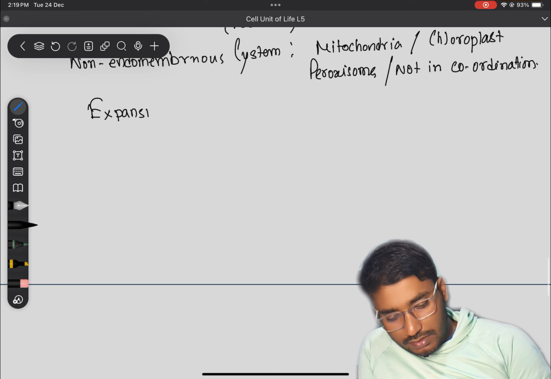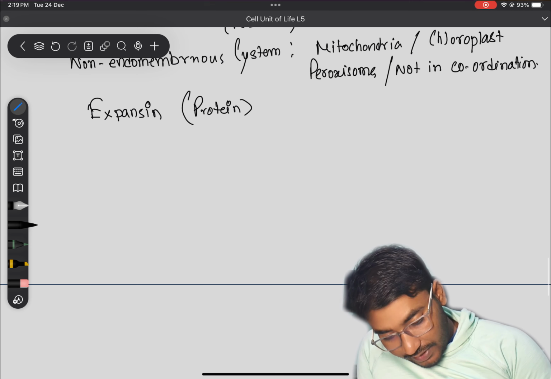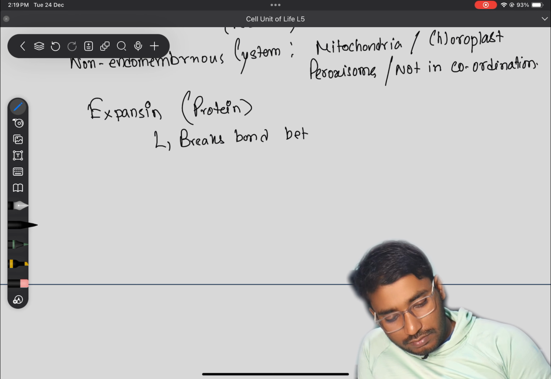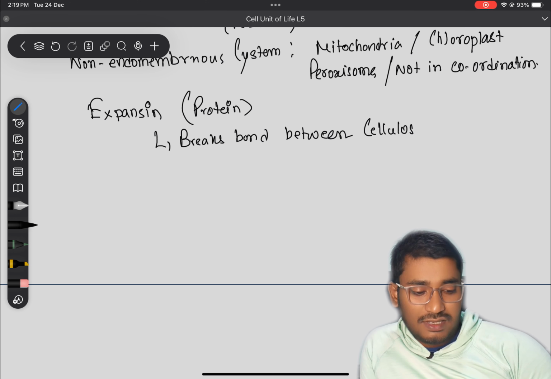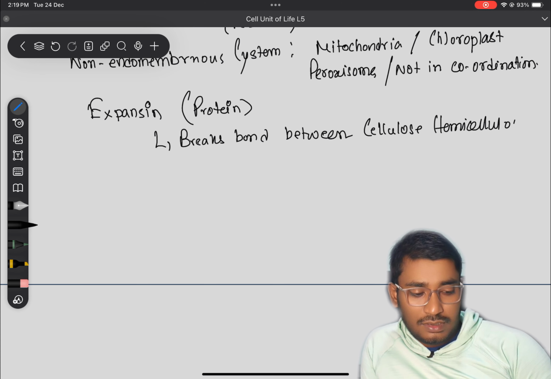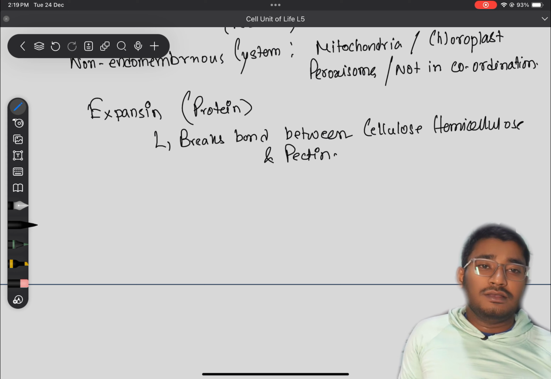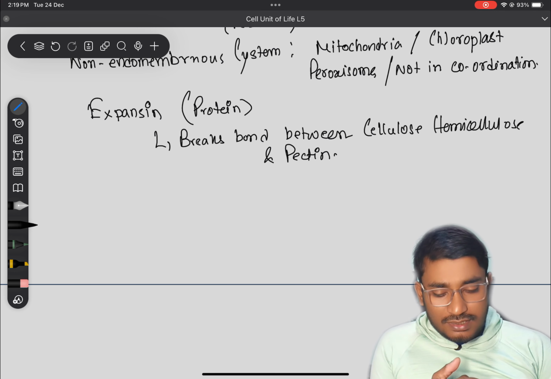Expansin is a protein that breaks bonds between cellulose, hemicellulose and pectin. Okay, so for today we'll stop up to this.